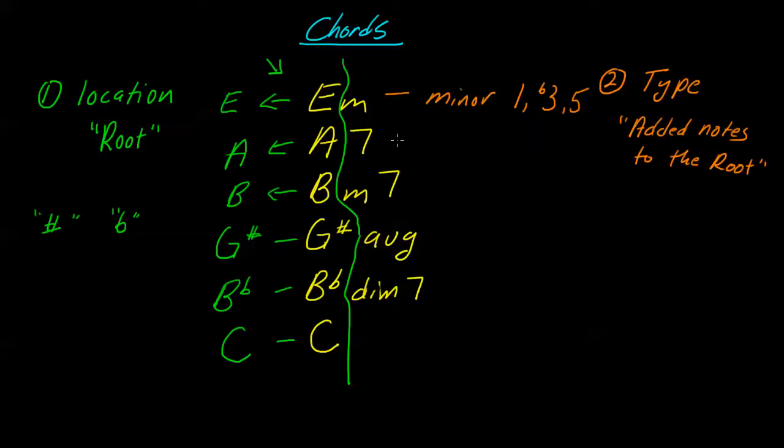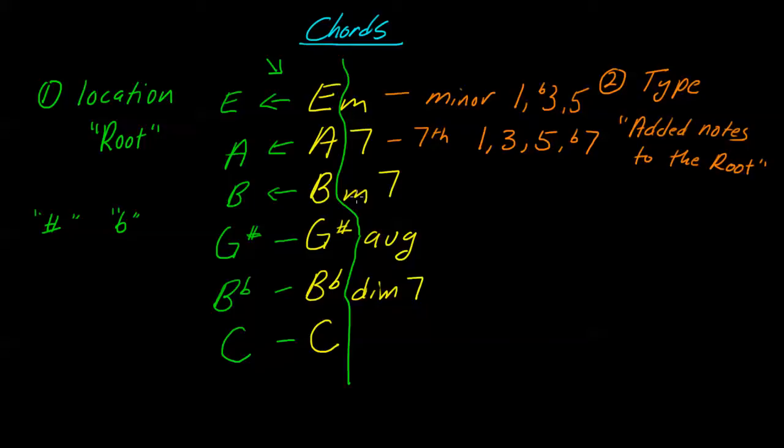This A7 chord, type of chord, is a 7th chord. 7th, or dominant 7th, you can call it that. And for all dominant chords, 7th chords, you include the notes 1, once again, 1 is always the root, the 3, 5, and the flat 7.